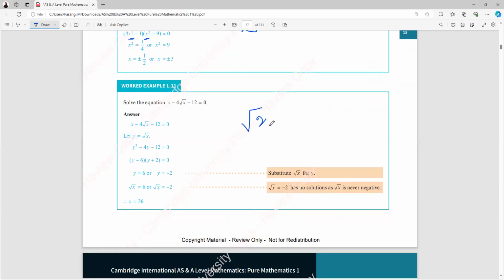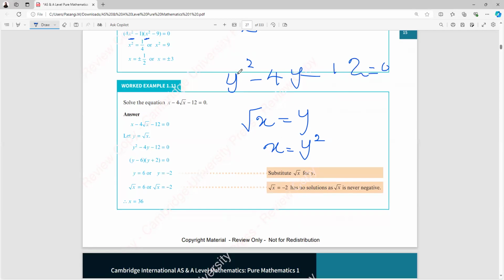Here, if we take square root x is equal to y, then if we square both sides, x is equal to y squared. Then we rearrange it as y squared minus 4y minus 12 is equal to 0.